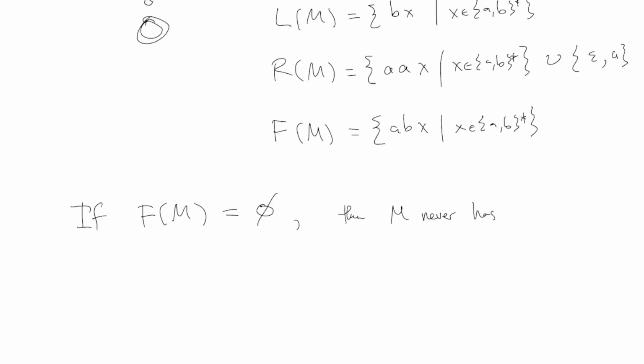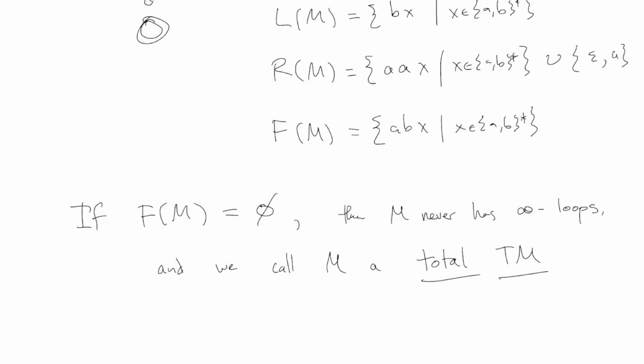This is good, in terms of a practical computer that you want to use. It is desirable to have a computer that can't make infinite loops. So then M never has infinite loops, and we call this a total Turing machine.